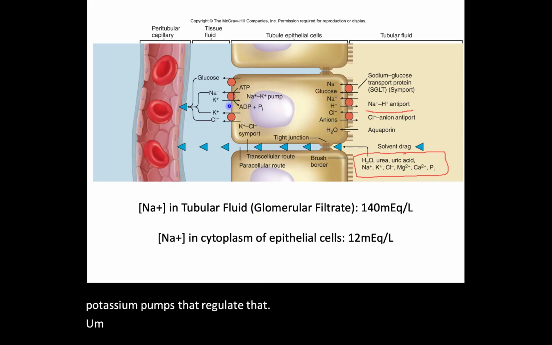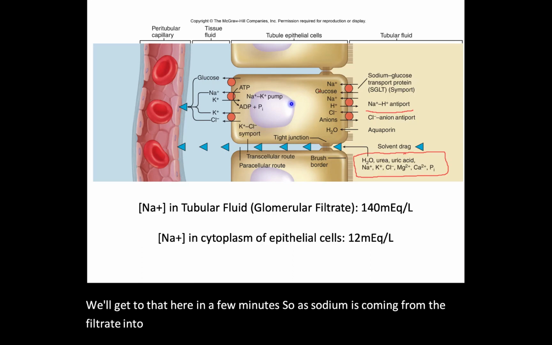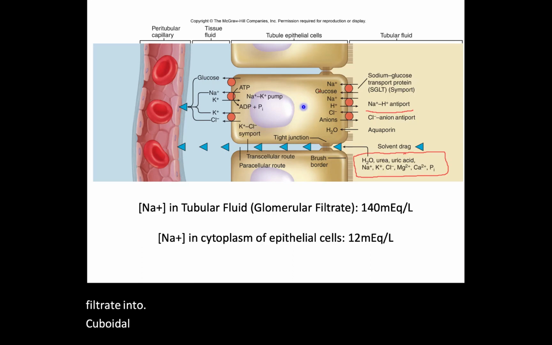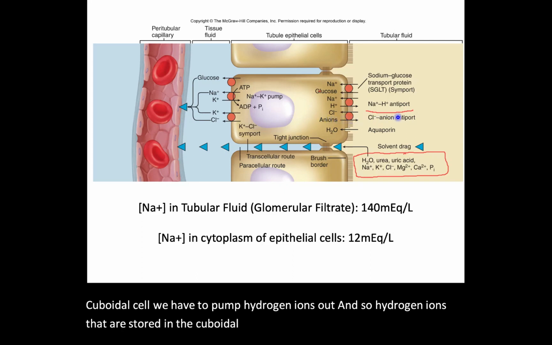We'll get to that in a few minutes. So as sodium is coming from the filtrate into the cuboidal cell, we have to pump hydrogen ions out. And so hydrogen ions that are stored in the cuboidal cell get pumped into the tubule fluid.